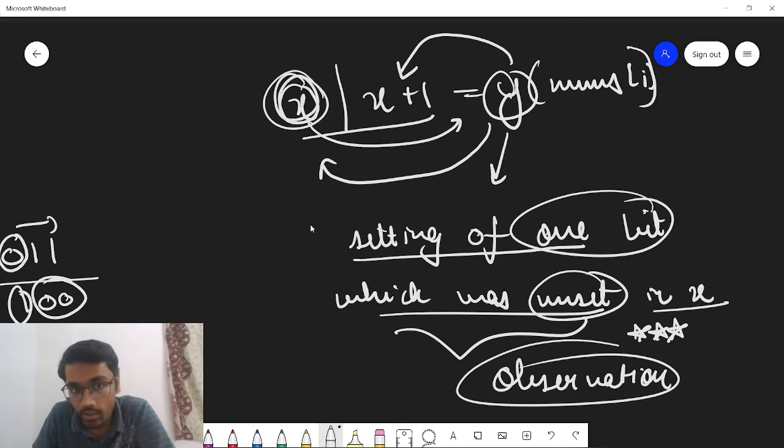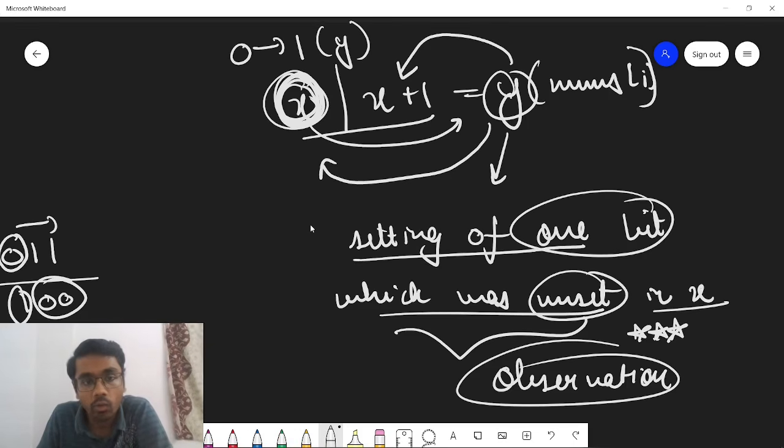Let me tell you once again so that you can think of it more clearly. In this x there was a 0 which was converting to 1 in our resulting y. So in the resultant y, we can just make that 1 to 0 to get x.